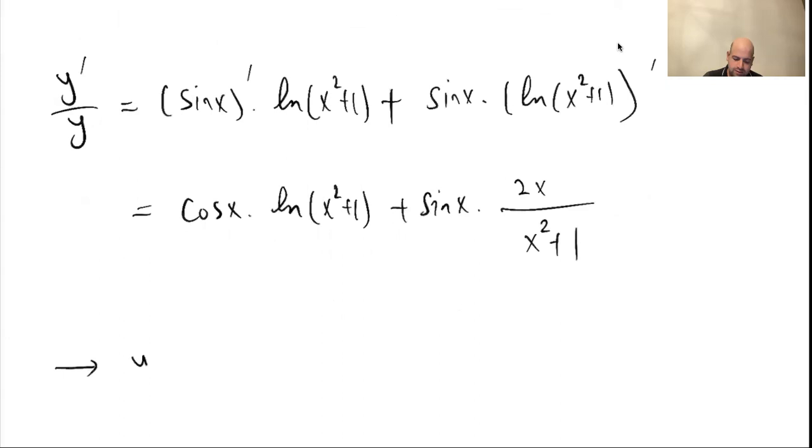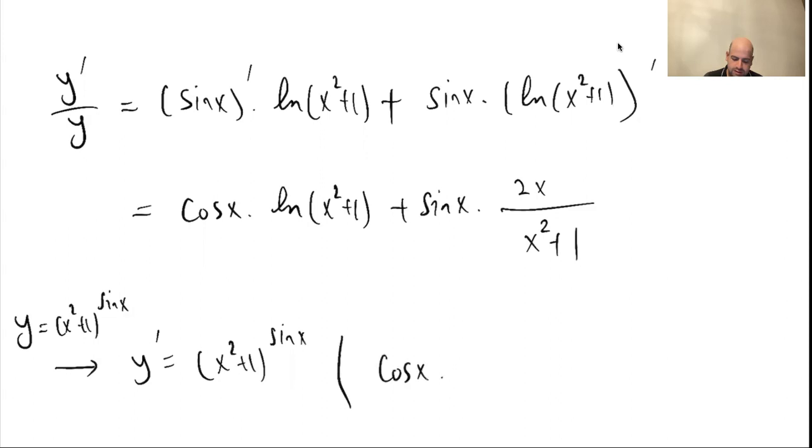And that's it. So then y prime is equal to y, and y, we know that, what was y? Y was x squared plus 1 to power sine x. So y prime is equal to this y, which is x squared plus 1 to power sine x, times cos x times ln x squared plus 1 plus sine x times this guy.